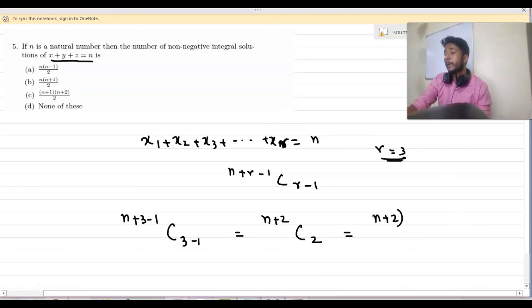So this is nothing but (n + 2)! / (2! × (n + 2 − 2)!), right?